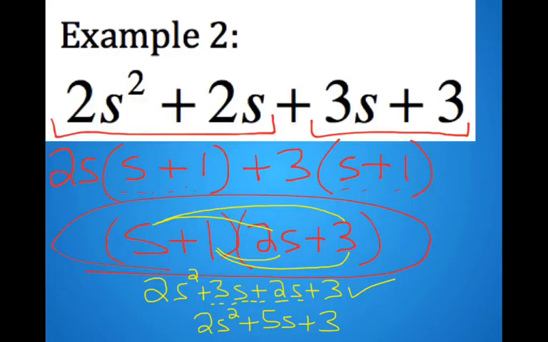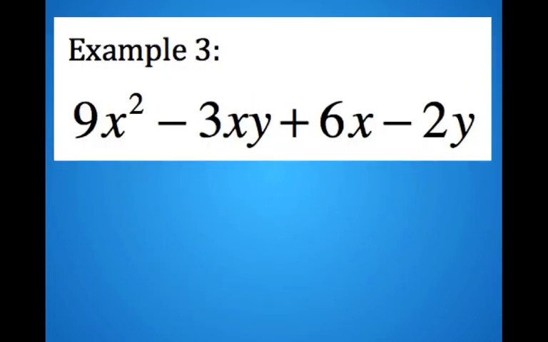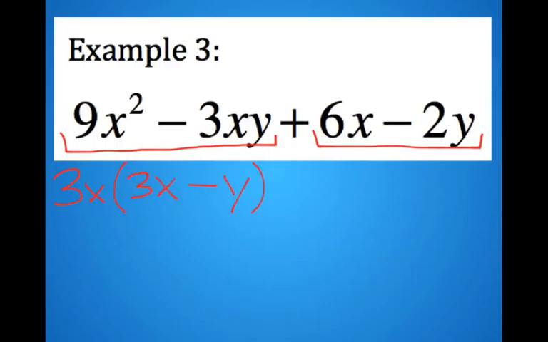Alright, so third one, factor by grouping. If you have these four terms, you want to look to see if all four have something in common. They don't, so then we immediately pair up the first two and then the last two. The first two have a 3 and an x in common, so then we see what's left. So there would be a 3x minus y.